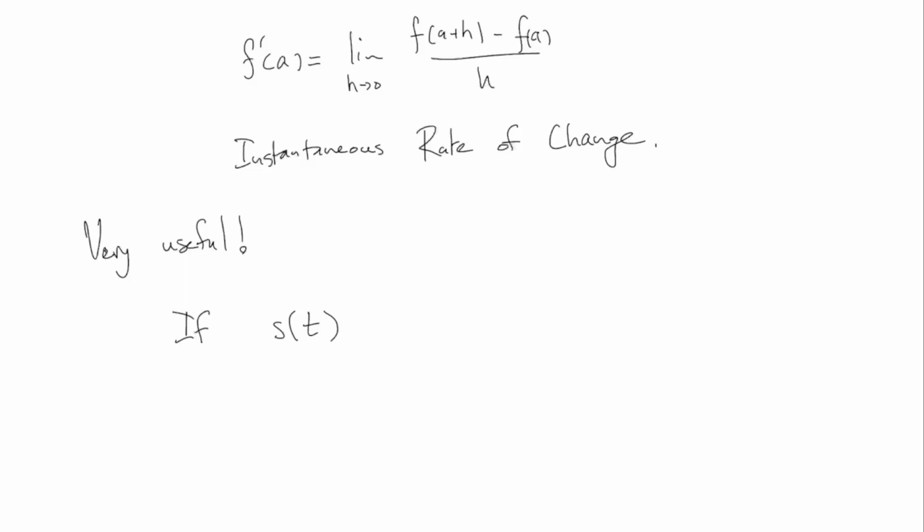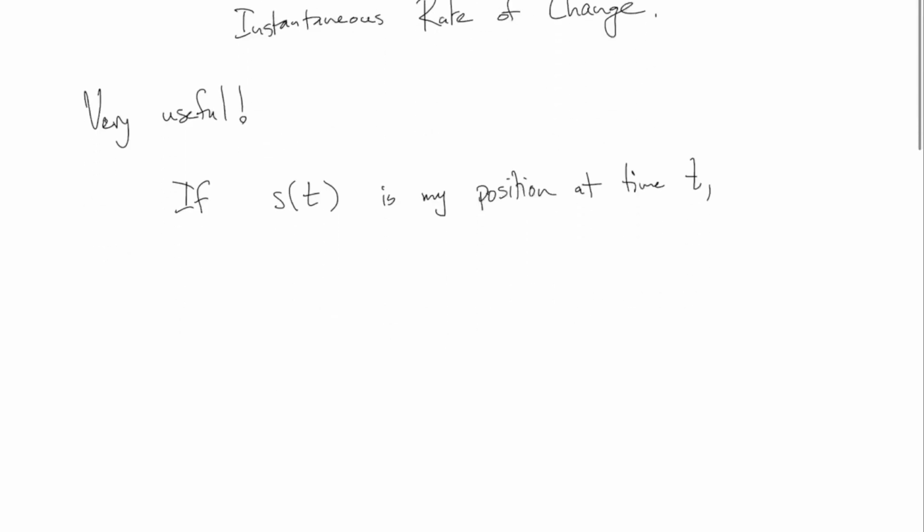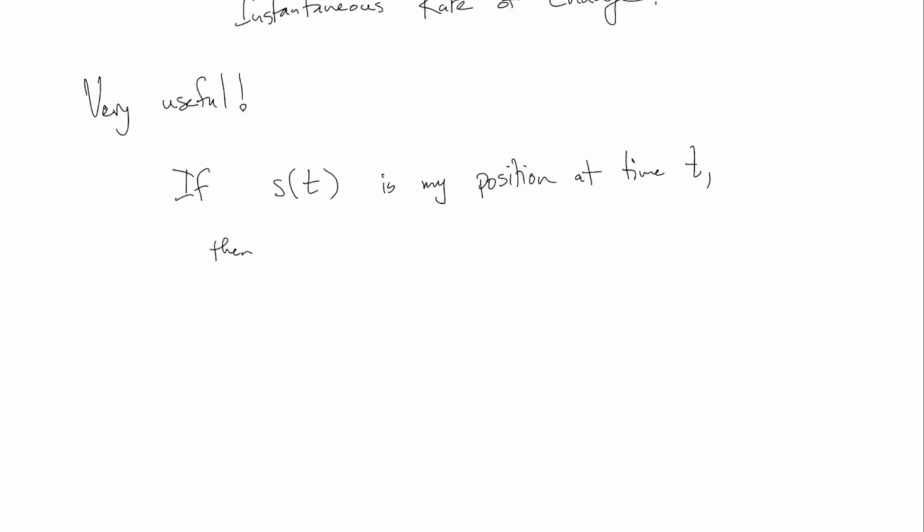But anyway, if s of t is my position at time t, then what is represented by s prime of t? This would represent the rate of change of my position at a particular time, how fast my position is changing.